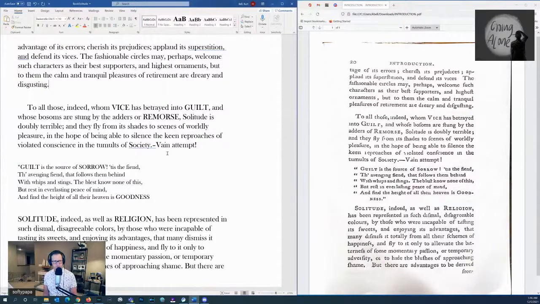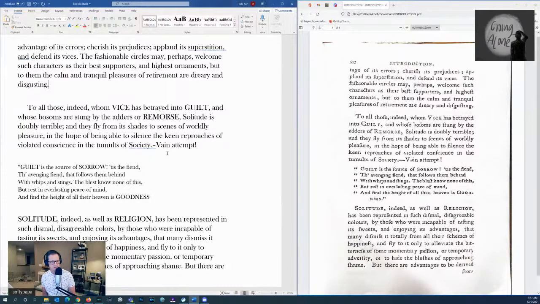To all those, indeed, whom vice has betrayed into guilt, and whose bosoms are stung by the adders of remorse, solitude is doubly terrible, and they fly from its shades to schemes of worldly pleasure in the hope of being able to silence the keen reproaches of violated conscience in the tumults of society.